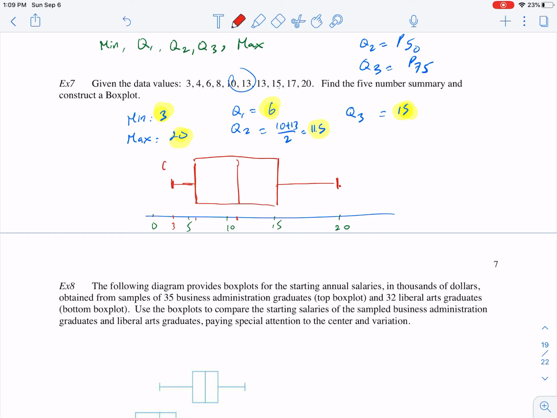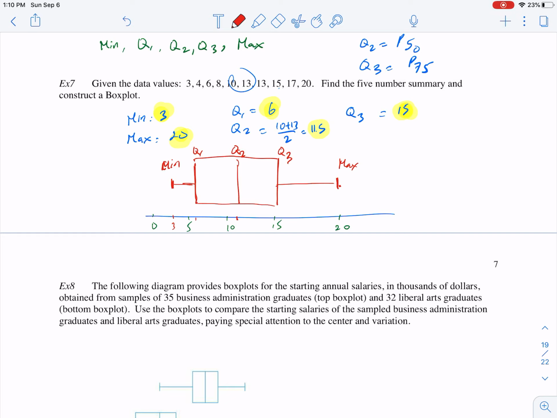So that's min, max, and then Q1, Q2, Q3. We can actually tell the distribution of the data set based on the box plot. As you can see, the box is skewed a little bit to the left.